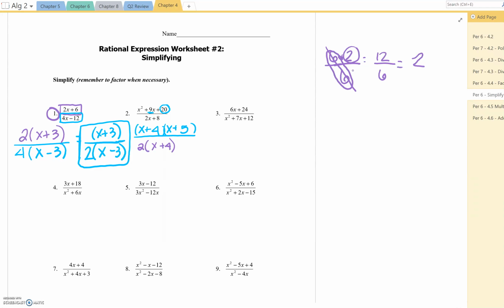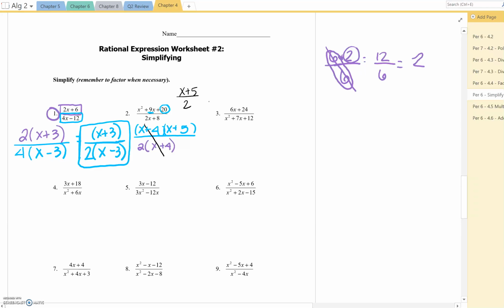In a fraction, when you have a number in the numerator and a number in the denominator, they simply become 1. 6 over 6 becomes 1 because 6 divided by 6 is 1. So in this case, the x plus 4 and the x plus 4 become 1, leaving you with 1 times x plus 5 over 1 times 2, which is just 2.